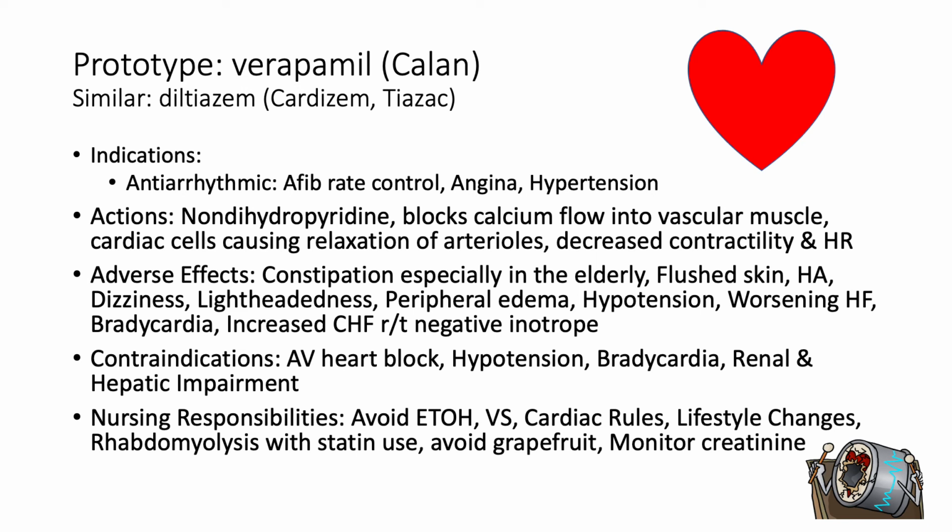Right? So they're negative chronotropes, negative inotropes, unlike the other group. Now let's look at the side effects. Well, they're going to be really similar, right? Isn't that nice? They're going to be similar but not identical, because this group works on the heart as well.